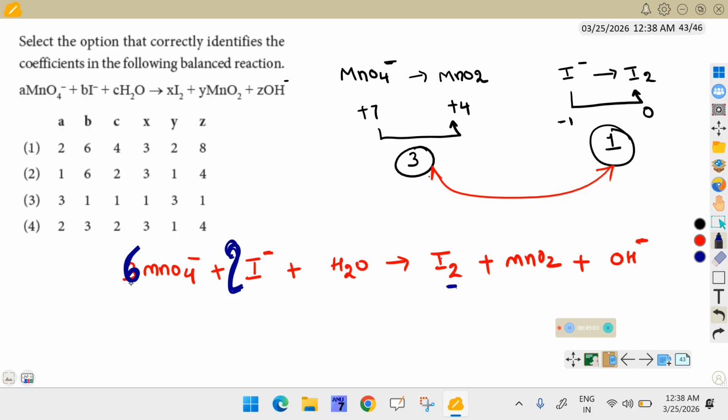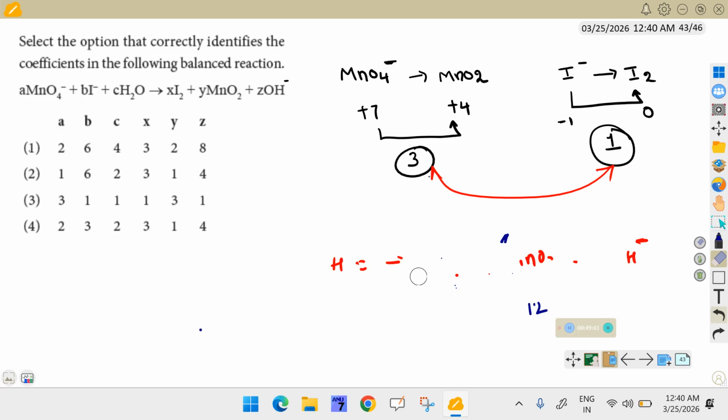So 6 manganese atoms are present, so 6 moles of MnO2 you can take. Oxygens and hydrogens: the total number of oxygens is 24 on one side, and here 12 oxygens. Oxygens are not balanced. So this is wrong.